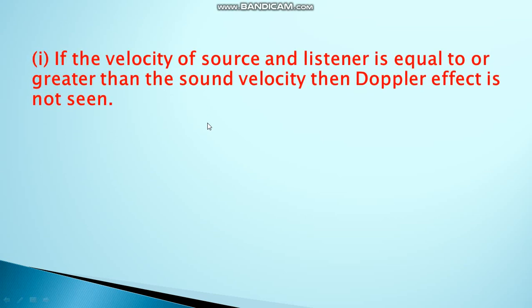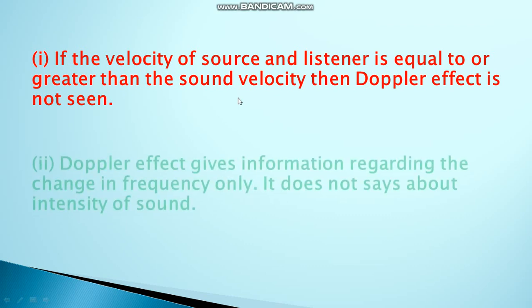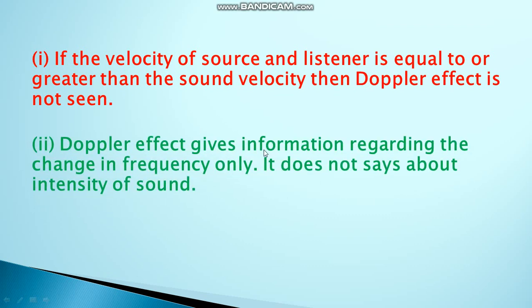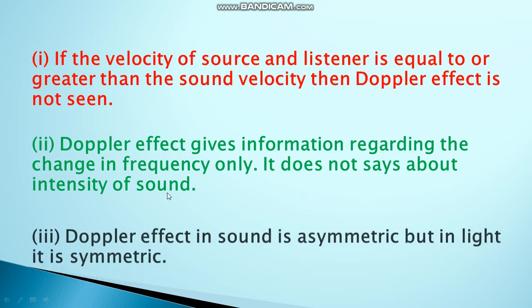If the velocity of source and listener is equal to or greater than the sound velocity, then Doppler effect is not seen. Doppler effect gives information regarding the change in frequency only. It does not say about intensity of sound.